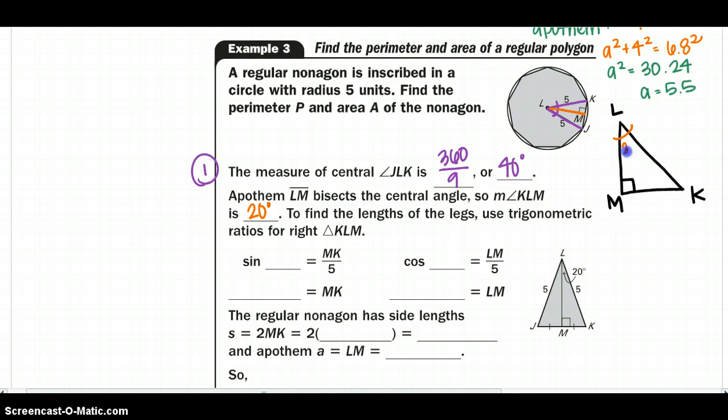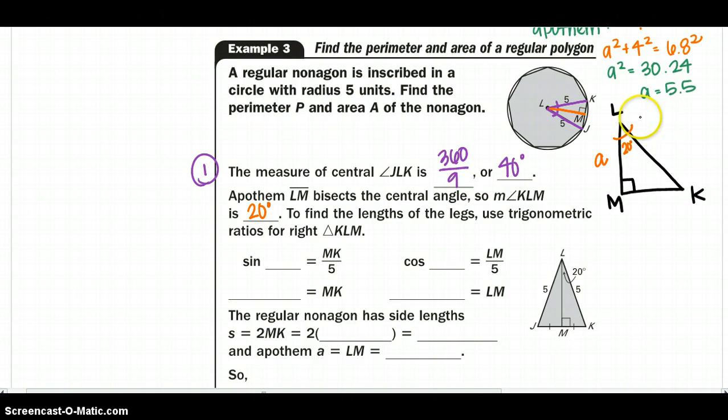I would advise y'all to pull out that right triangle with the apothem being one of your legs, just because it's going to be easier for you to see, a little bit bigger and out of the way of all the other stuff in the picture. I just think that will be more helpful. So to find the lengths of the legs, use trig ratios for our right triangle.